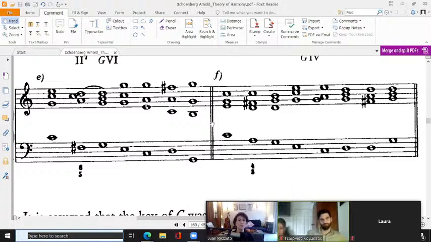It's not the only way, putting it in the soprano all the time.